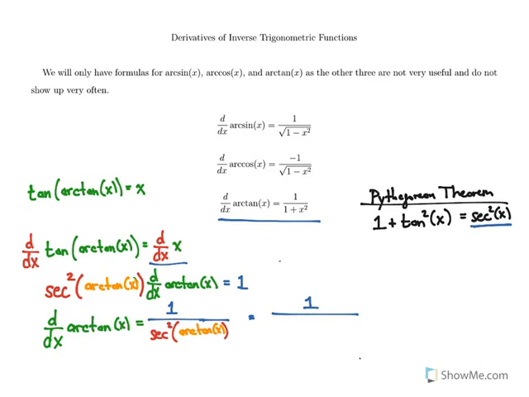So this is going to be 1 plus tangent squared of arctangent of x. We replace secant squared with 1 plus tangent squared.